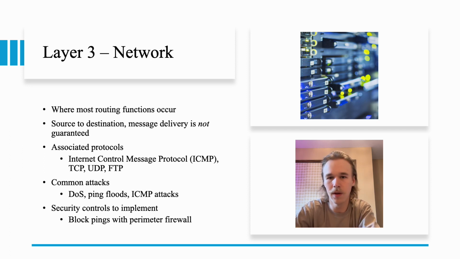Attacks to be mindful of here are denial of service attacks, ping floods, and ICMP attacks. To prevent any of these, a recommended security control is to block pings with your perimeter firewall or disable ICMP functionality at the targeted router. Other DoS attacks have similar recommended security controls.